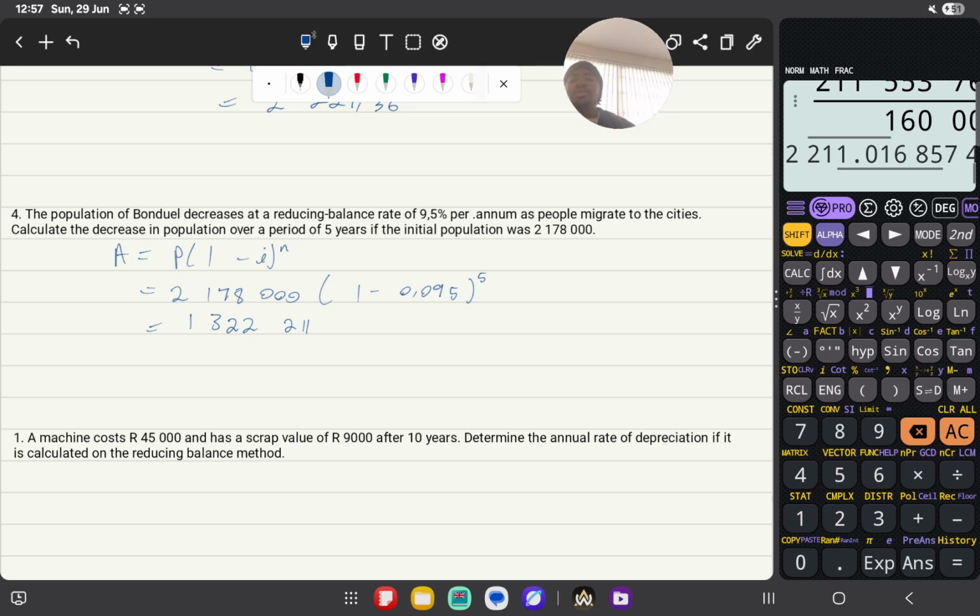So to calculate the decrease in population, you will say P minus A, which is the initial population minus the final population.